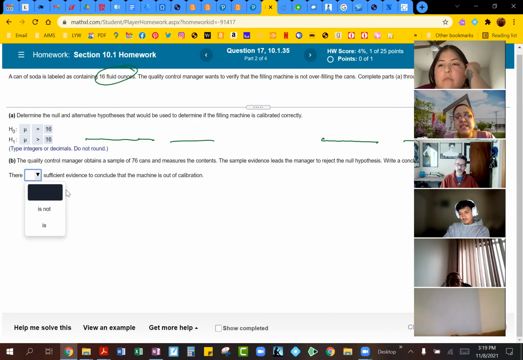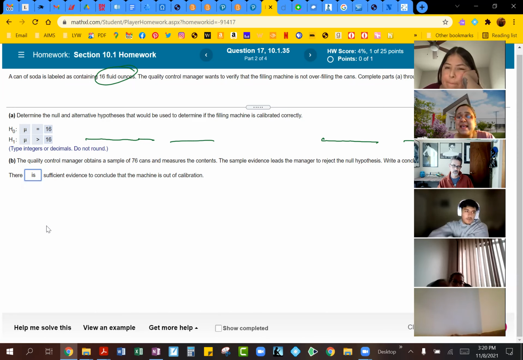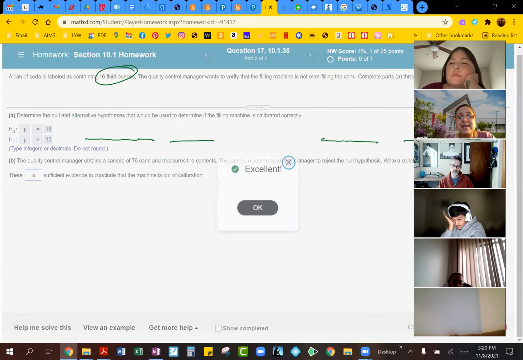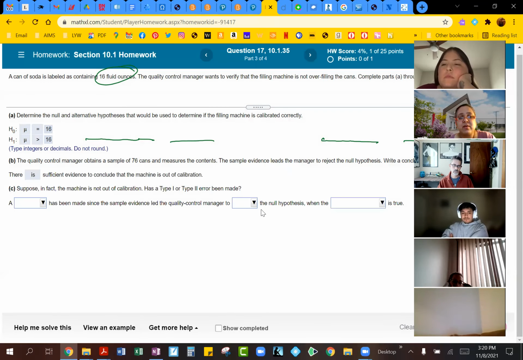Based on that, would you say there is enough evidence or not enough evidence? Because 76 cans, isn't that a decent amount? Of course they don't give us the breakdown of what the measurement for each was, but I would say if he took the sample of 76 cans and he is rejecting the null hypothesis, that means he has enough evidence. So I would definitely say is, and that is the way to go.